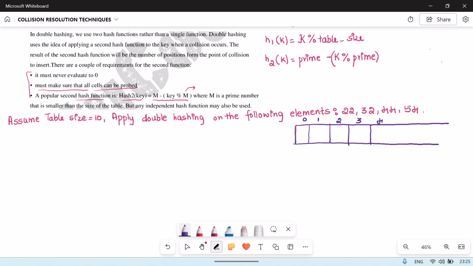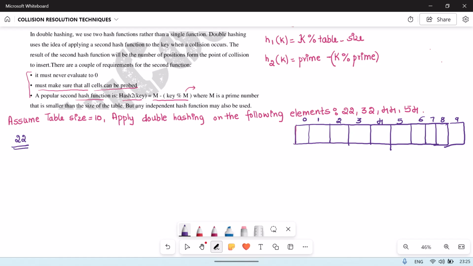For convenience of drawing, I will not redraw the table again and again in this example. I'll keep one table as a common one. So the first element that we have to insert is 22.